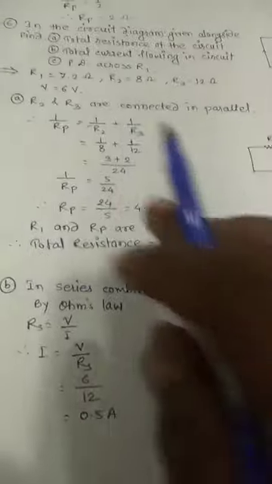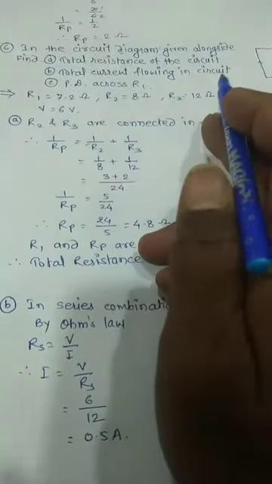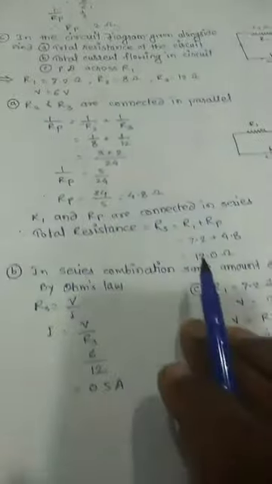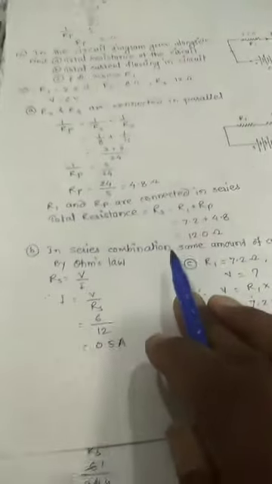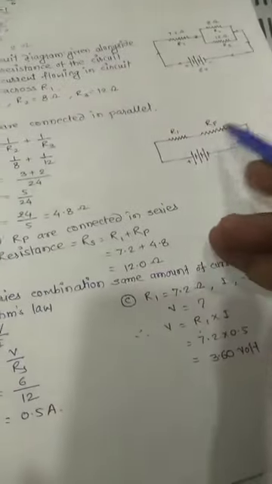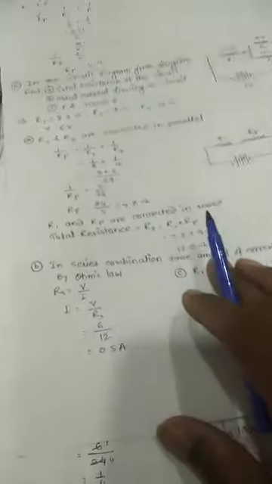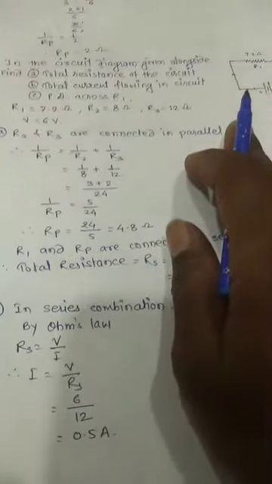Now for the second question: total current flowing in the circuit. So find out the total current. What is the characteristic of parallel combination or series combination? Now here the final resistances are in series. If it is parallel, the current is different, but in series the current is the same.